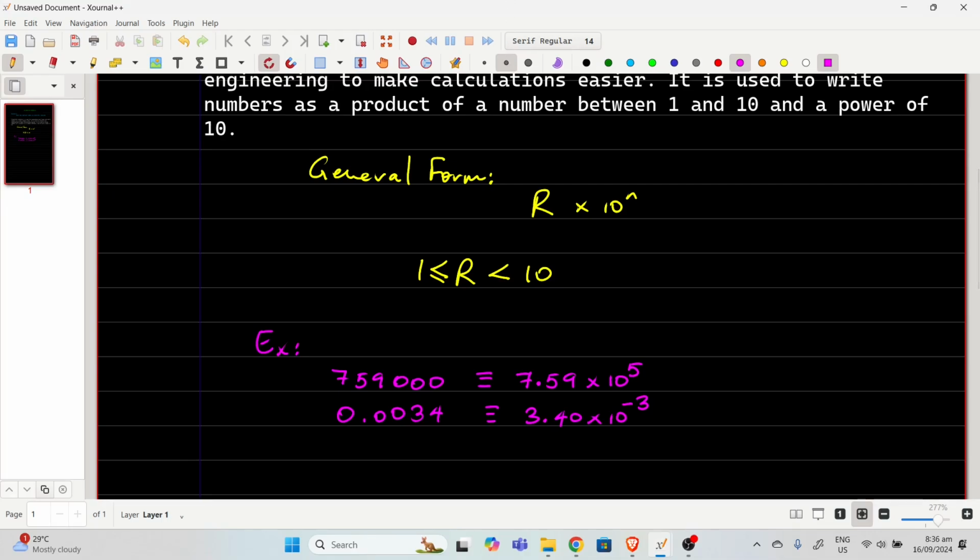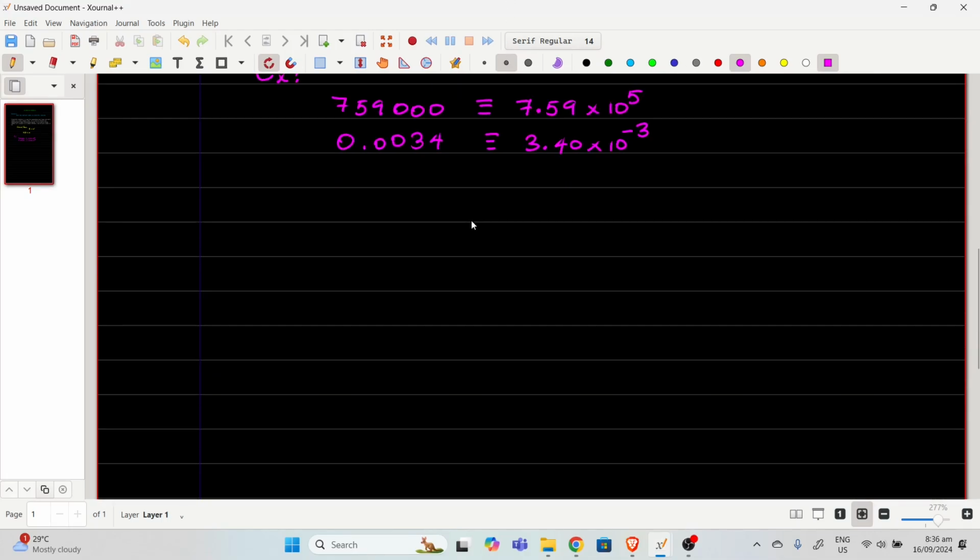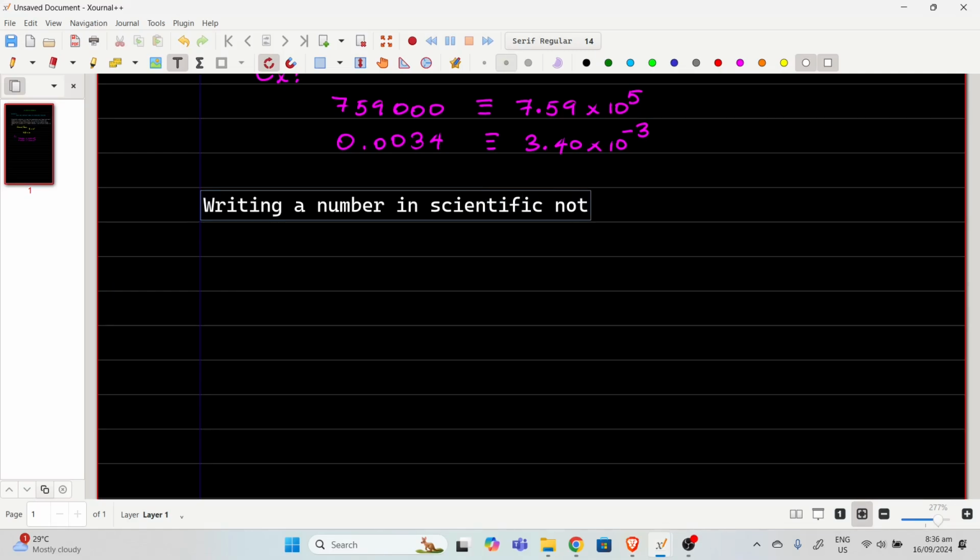So let me write something here for you to have a set of steps to write a number in scientific notation. So we're going to talk about writing a number in scientific notation. I'll put that in yellow as well, and then let me start here.